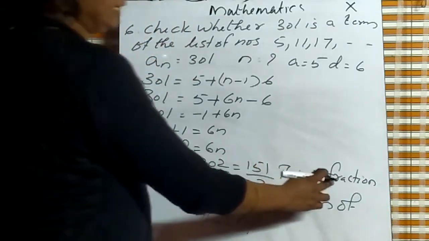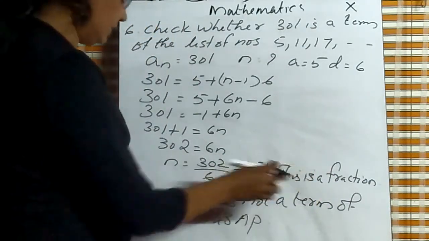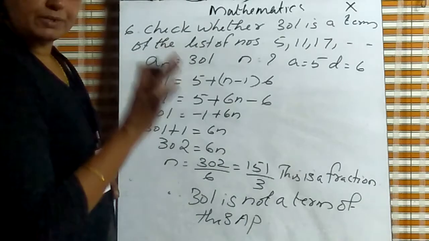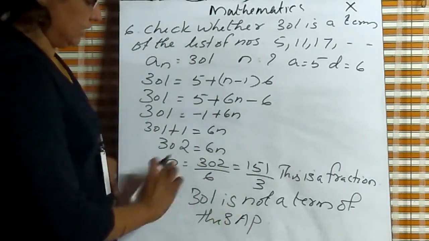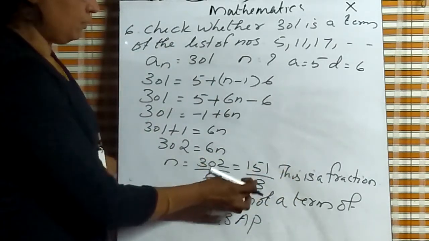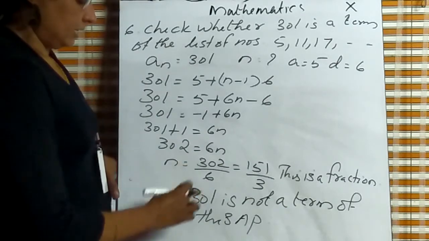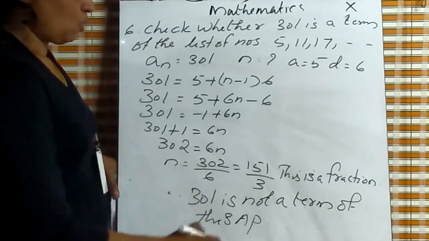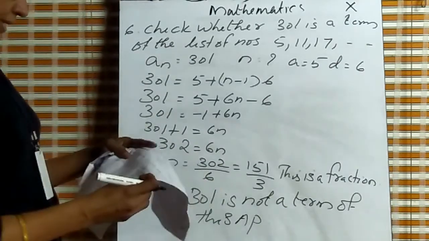If it is a positive integer, we can say that it is a term. Here 151 by 3 is a fraction. Therefore 301 is not a term of this AP.